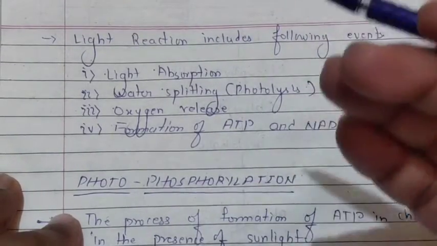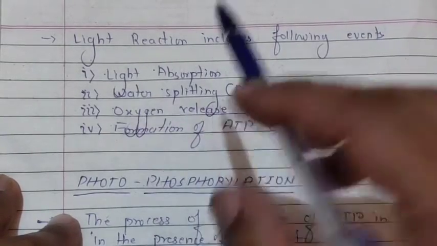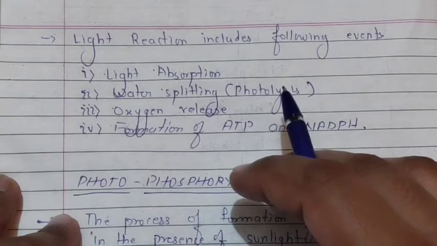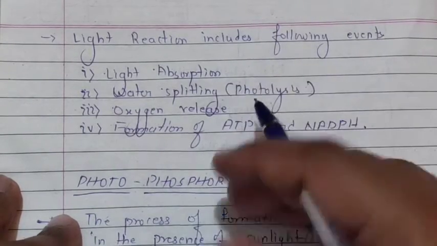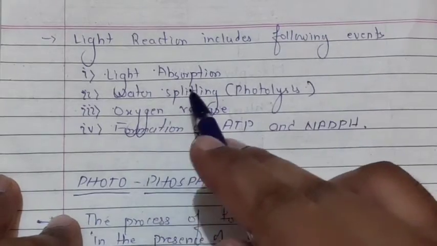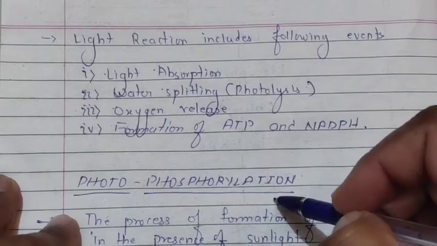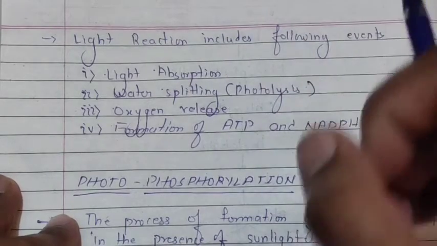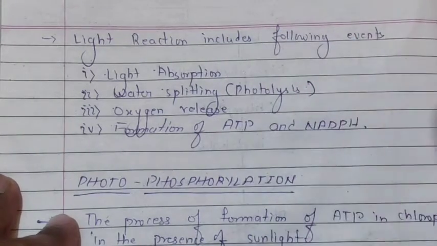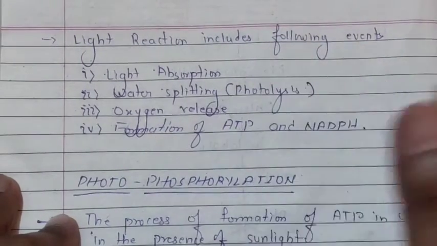What are the events going to take place in the light reaction that we are going to see? The event is light absorption. Obviously, in the light reaction, it should be the absorption of light. Then there is water splitting, that is also called photolysis. Means in presence of light, water is broken down into hydrogen and oxygen.